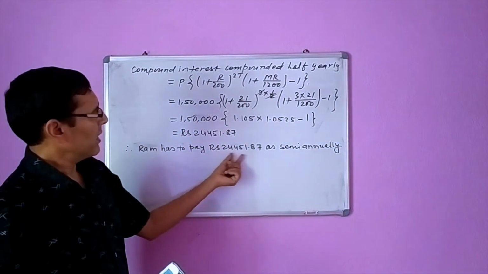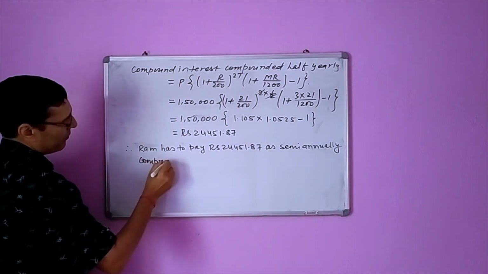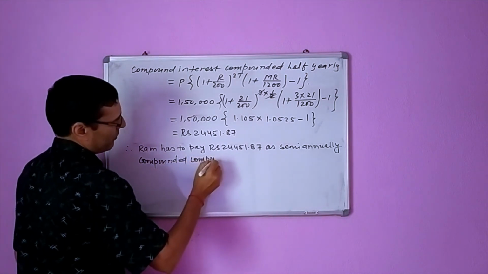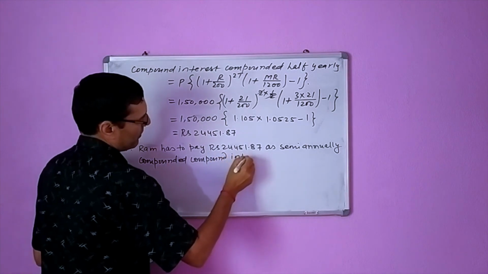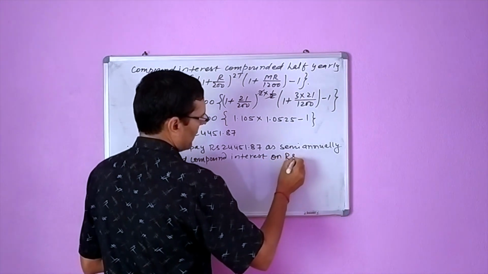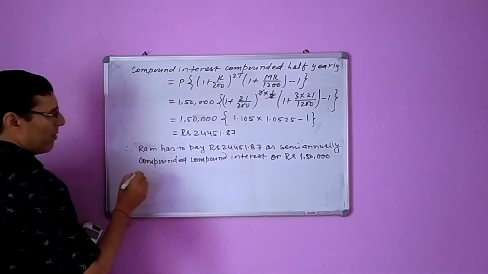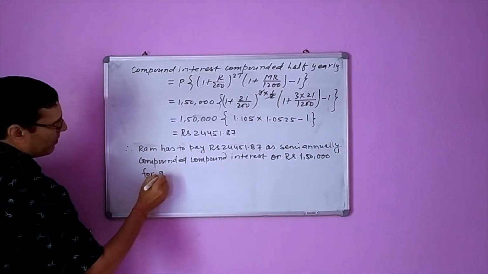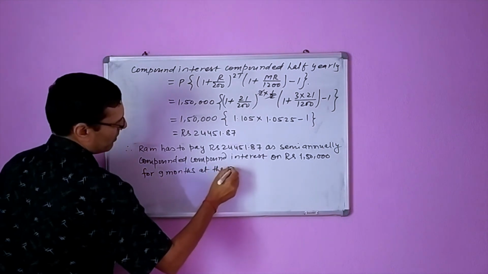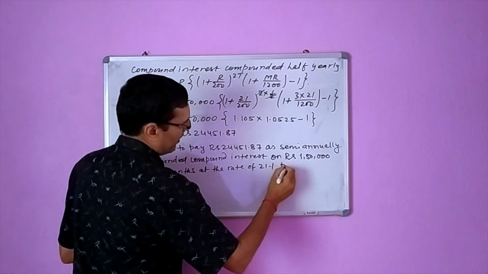Ram has to pay this much semi-annually compounded on rupees 1,50,000 for 9 months at the rate of 21% per annum.